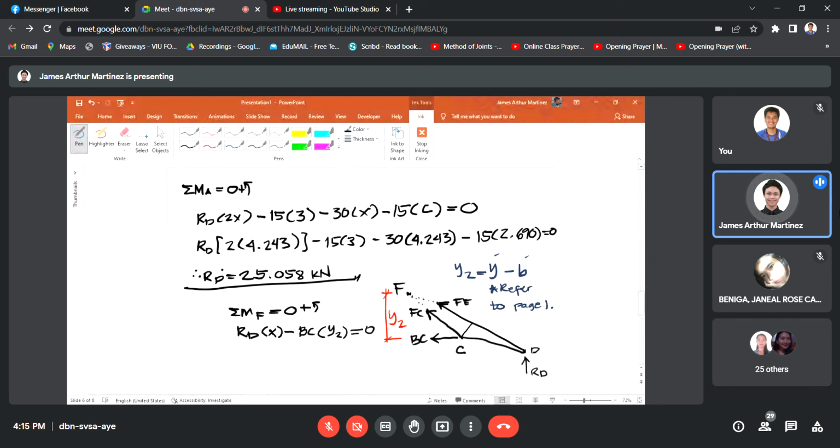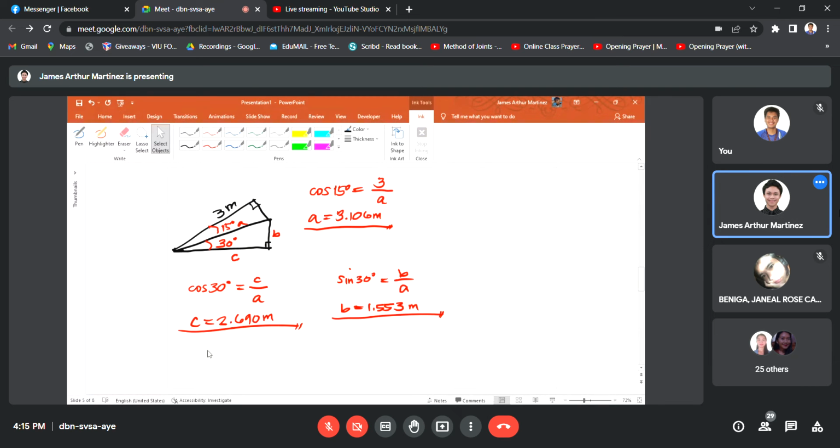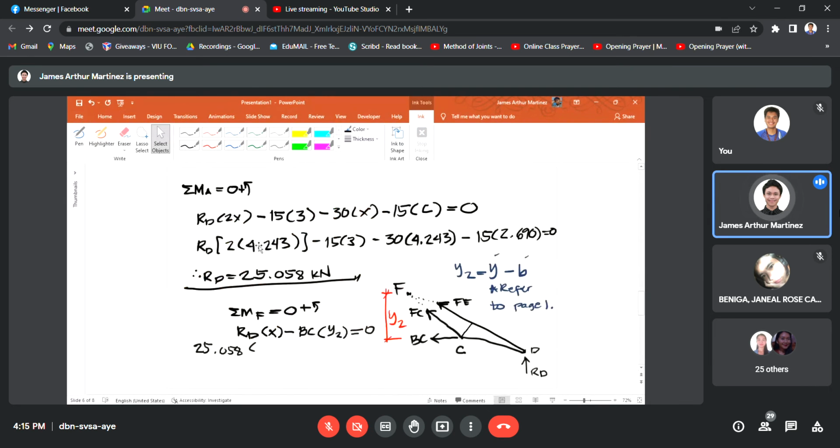Sige, so RD is obtained, which is 25.058 times X. Pila ba itong X? 4.243. Minus BC, which is unknown. Then Y2 is, pila man na siya class? 4.